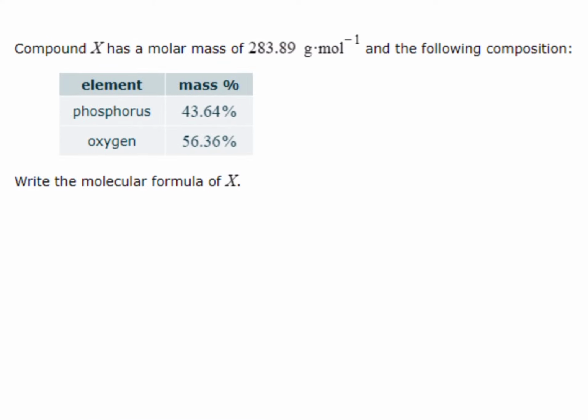This example states that compound X has a molar mass of 283.89 grams per mole and the composition of phosphorus and oxygen. So the very first thing we want to do is convert our masses to moles, and we want to make sure that we're using the periodic table that ALEKS provides.